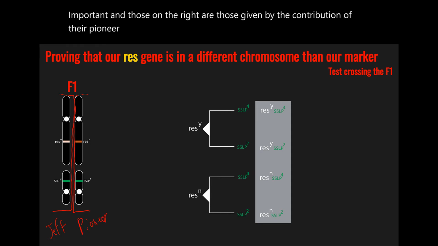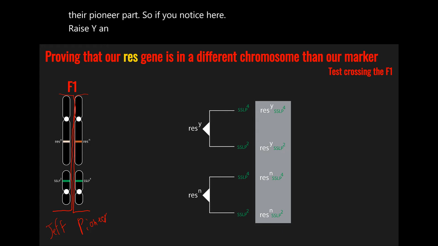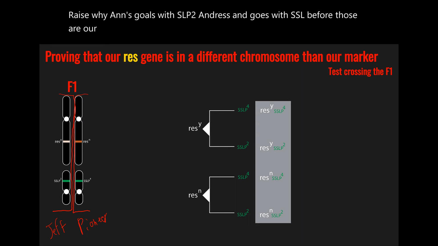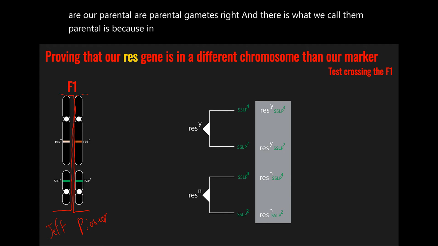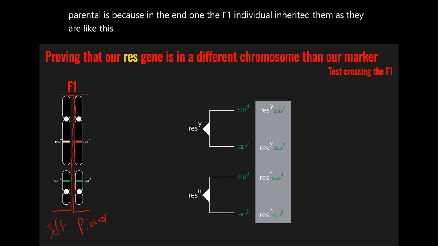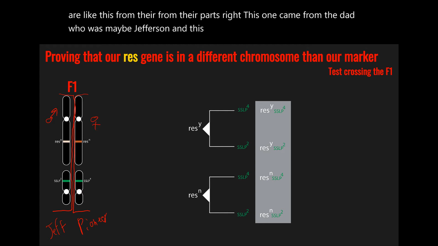So if you notice here, res Y and S goes with SSLP2, and res N goes with SSLP4. Those are our parental gametes, right? And the reason why we call them parental is because the F1 individual inherited them as they are, like this, from their parents. This one came from the dad, who was maybe Jefferson, and this one from the mom, who might have been Pioneer.